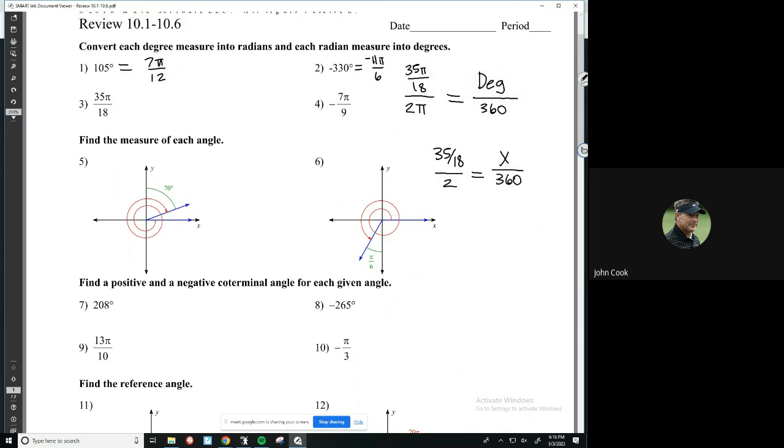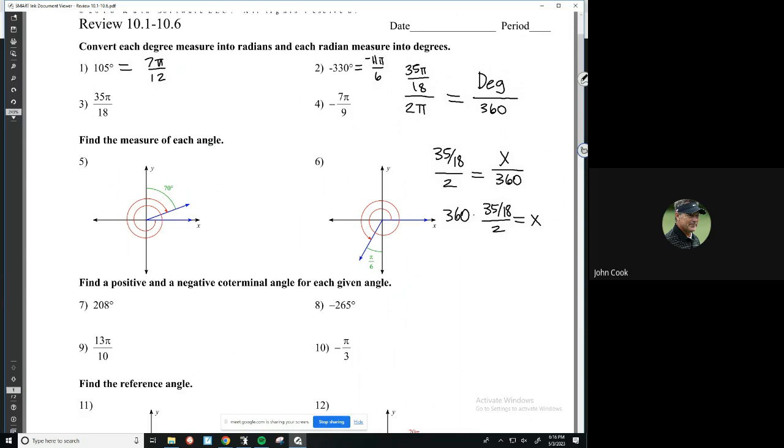Then you can cross multiply if you want. I multiply the 360 over, so 360 times 35 over 18 and then over 2, and then I just let my calculator do the rest of it.